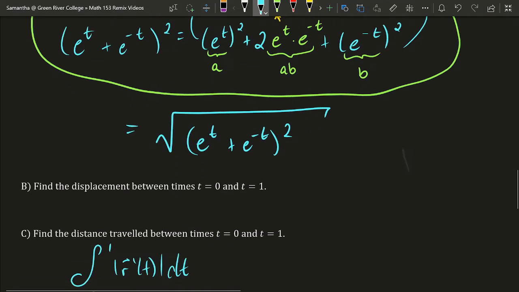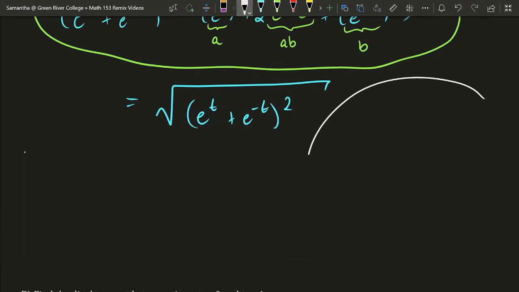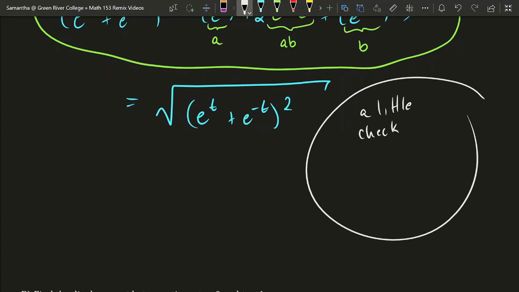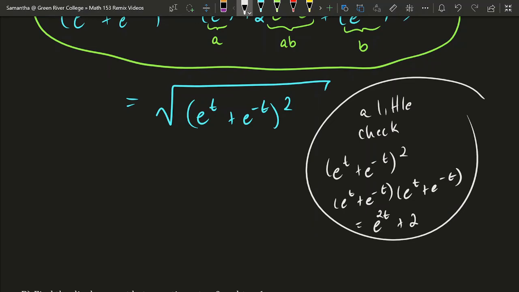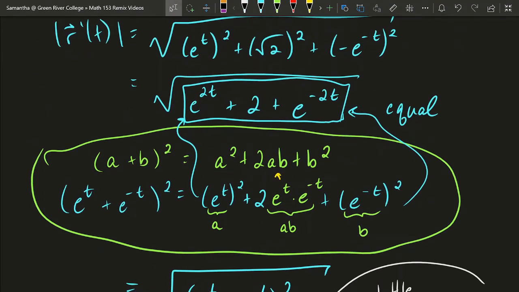Now, if you're feeling a little bit unsure about that, if you're not quite sure that that's valid, you can always do a little check. You can confirm that if you take e to the t plus e to the minus t and multiply it by itself and simplify, you will truly recover, after simplification, this expression that we have in our original equation under the square root.